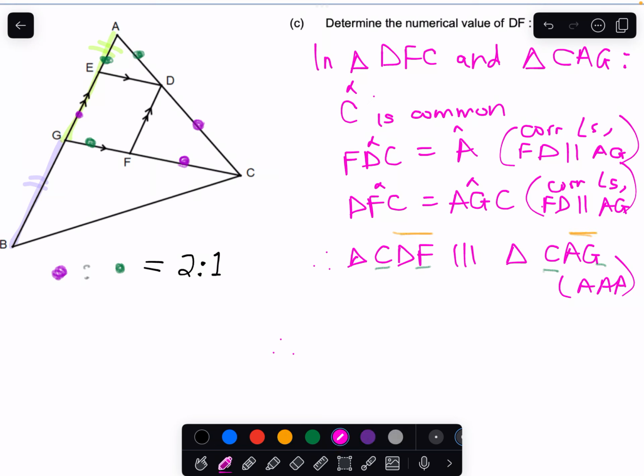The similarity tells us that DF to GA is the same as CF to CG, because of the similarity of these triangles.